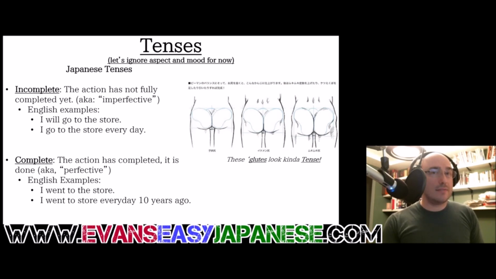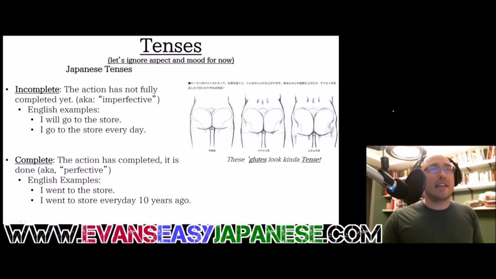Does that make sense? I tried to choose two good examples there: I went to the store yesterday, which of course is over, and I went to the store every day 10 years ago. That feels continuous and not done, but it was 10 years ago, so it is done.